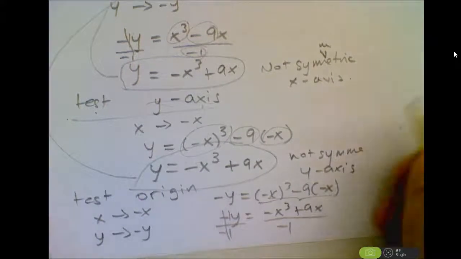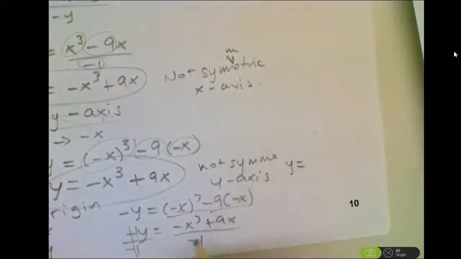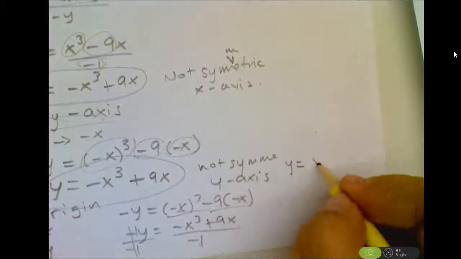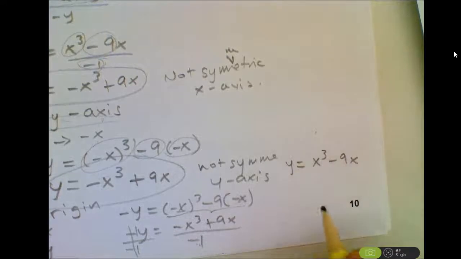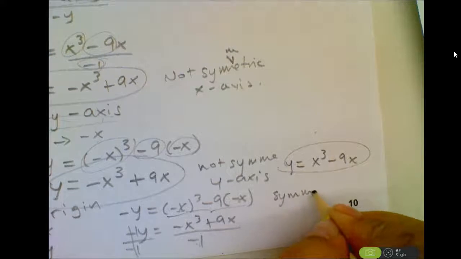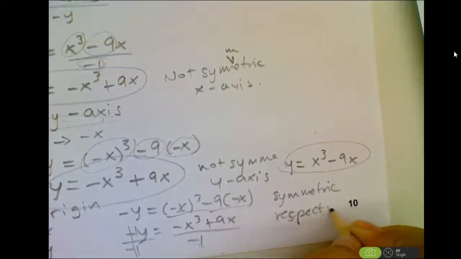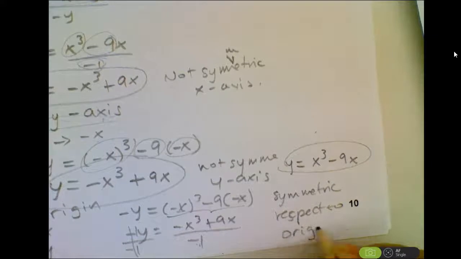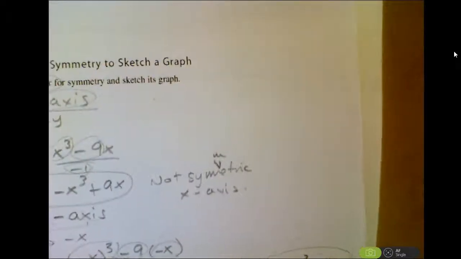So you have y equals negative over negative is positive, and positive over negative is negative. And you see how you obtain the original equation. So this is symmetric with respect to the origin, which is actually good because we're going to get some positive values and then we're going to reflect them over the origin.